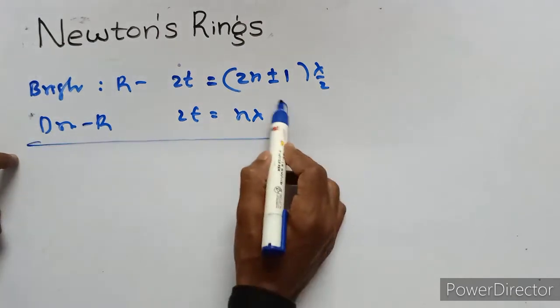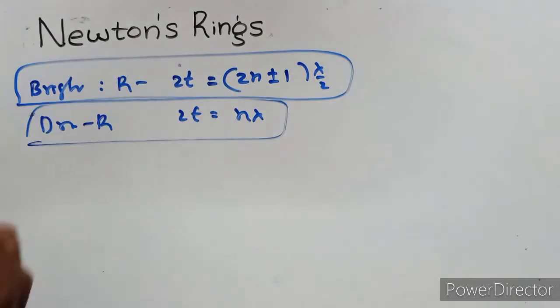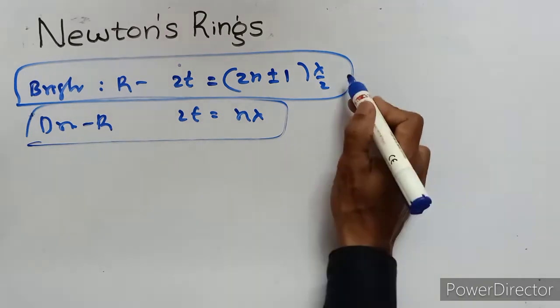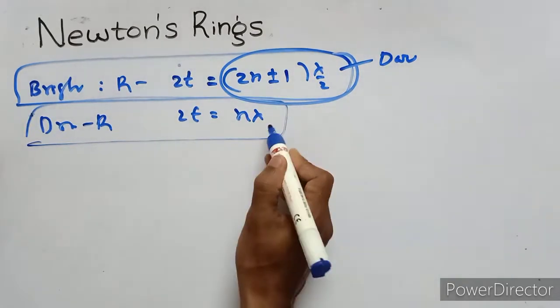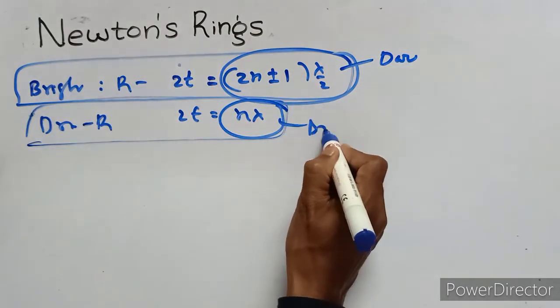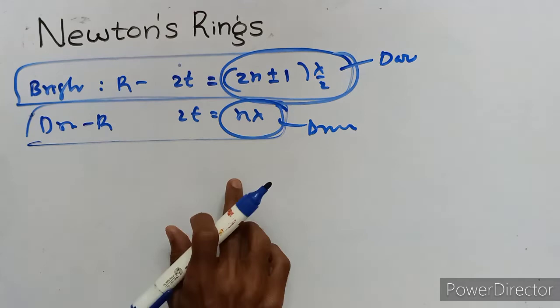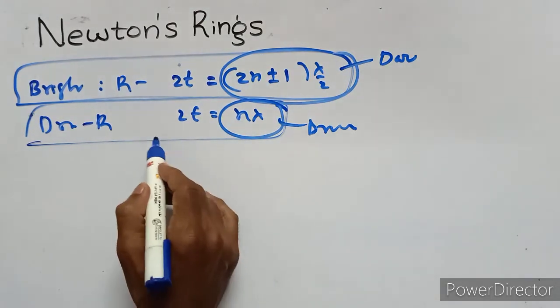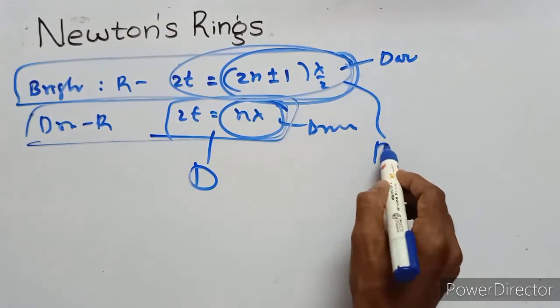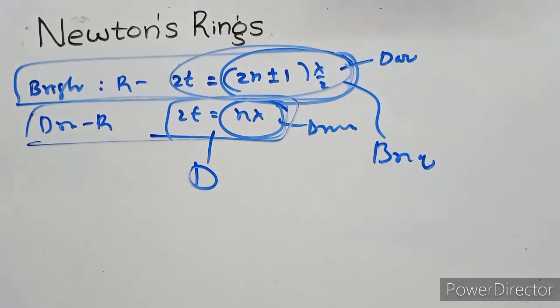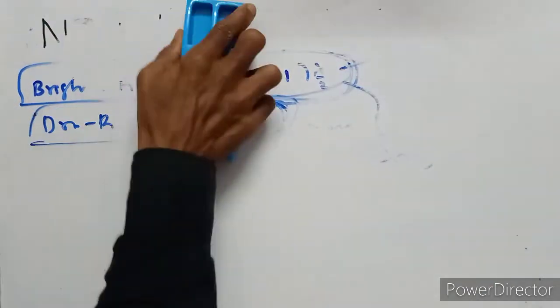In general interference, n lambda is the bright condition, but in Newton rings, it is the dark condition. Now we have to calculate the diameter of the rings.